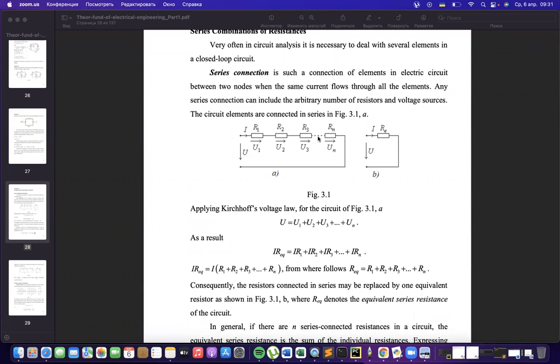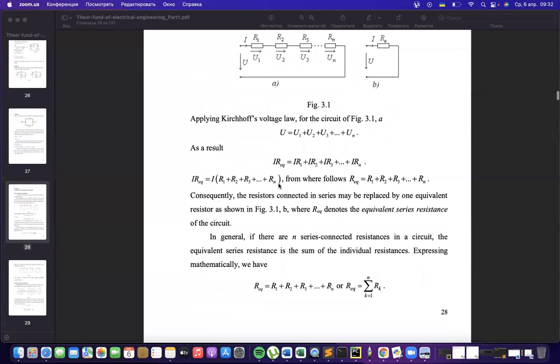If we have resistors with the same current value on them, without any deviation, without any additional branches, all these resistances could be added one by one into one equivalent with the total resistivity that equals the sum of previous resistors.